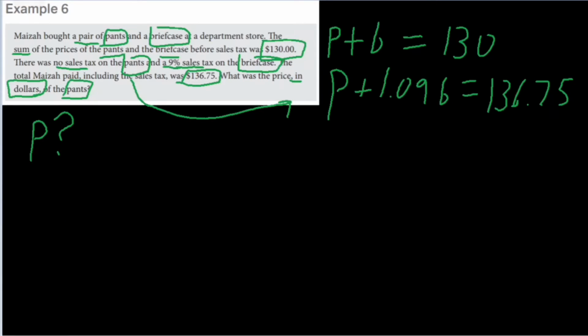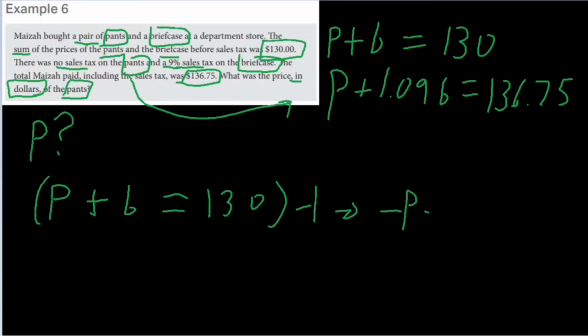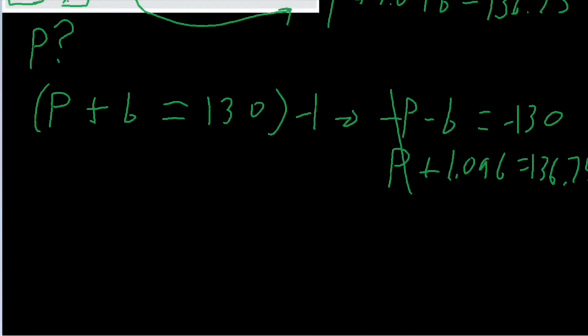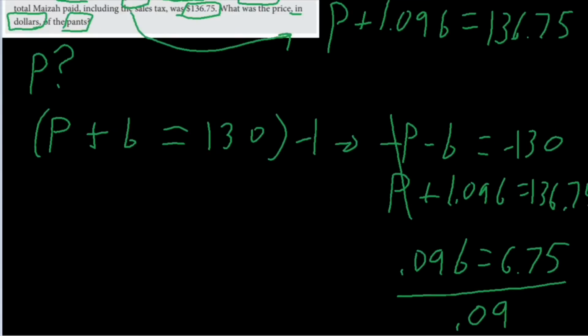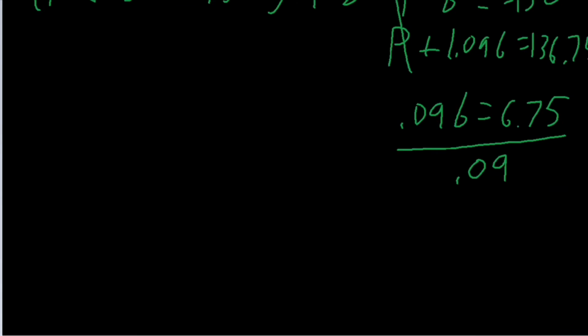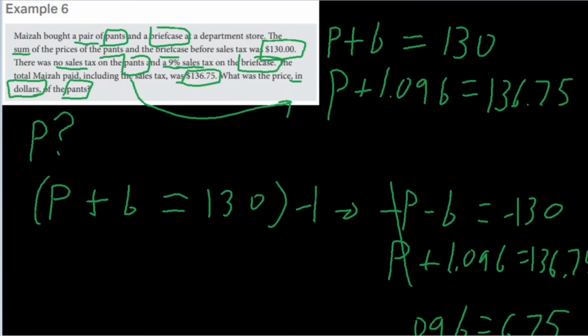Basically, you just cross out one of the values, either P or B. P is the easiest to cross out, so we're going to multiply the top equation, P plus B equals 130, by -1, and combine the 2 equations. When we multiply by -1, we're left with 0.09B is equal to 6.75, and from there we solve for B by dividing by 0.09, and we get that the briefcase is worth $75.